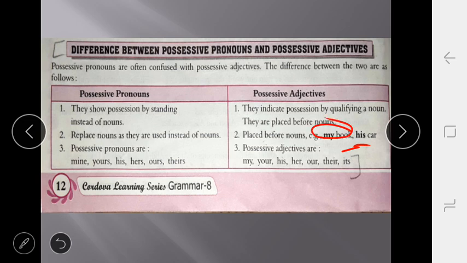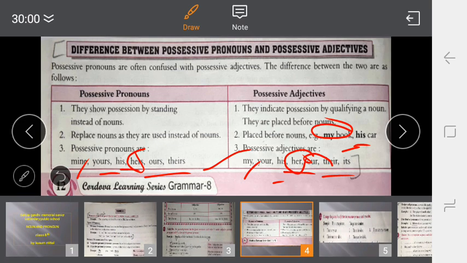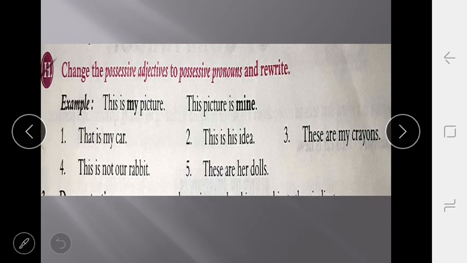The change will be my into mine, your into yours, his into his, her into hers, our into ours, their into theirs. You should remember them to solve the H exercise of your lesson.